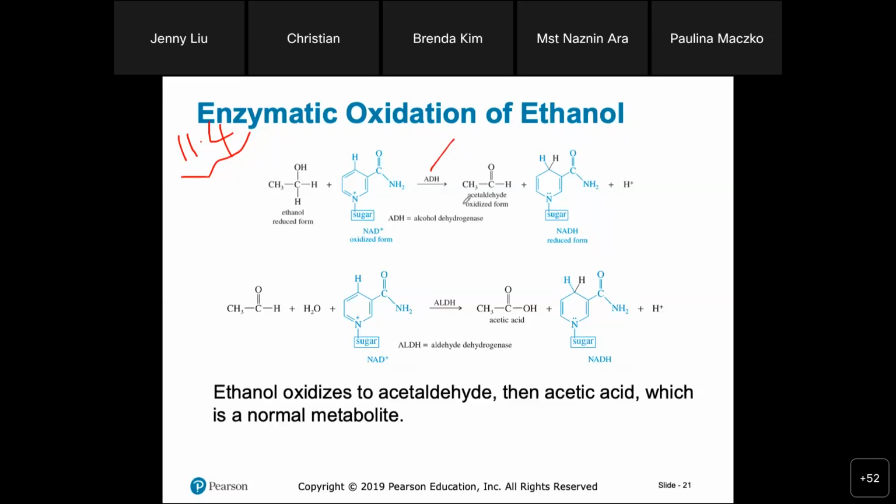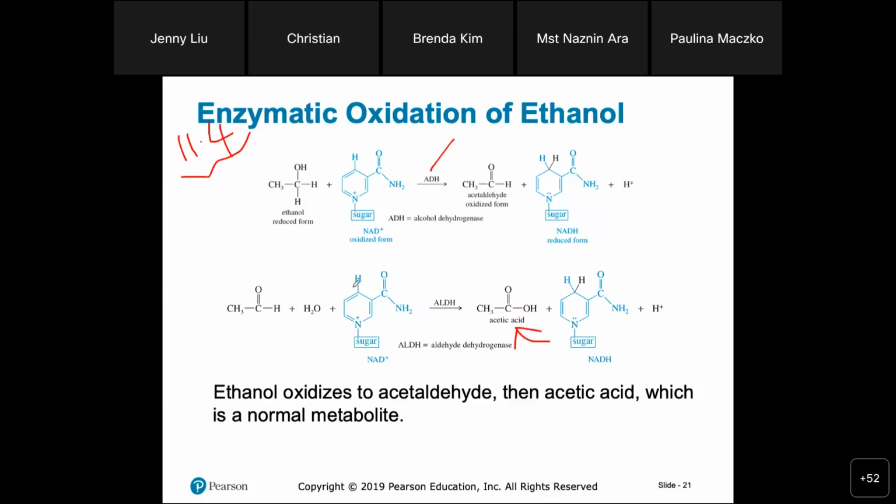The liver produces this enzyme and does the oxidation so that we can detoxify the alcohol, because ethanol will convert to acetic acid, and acetic acid is less toxic than ethanol.